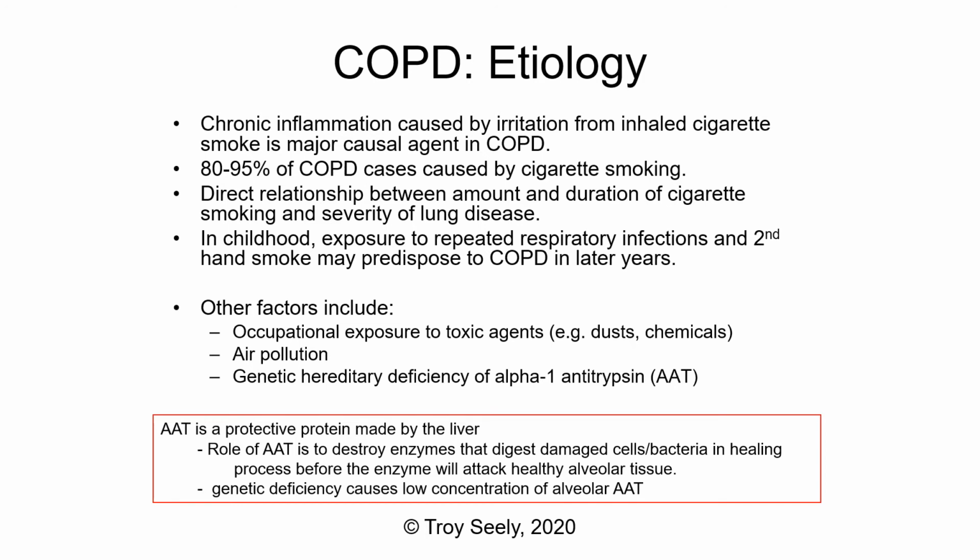And if you have a low concentration of alveolar AAT, you cannot destroy enzymes that are naturally part of the lung environment after they've digested damaged cells or bacteria in the healing process. You can't prevent them from continuing on to attack healthy alveolar tissue.